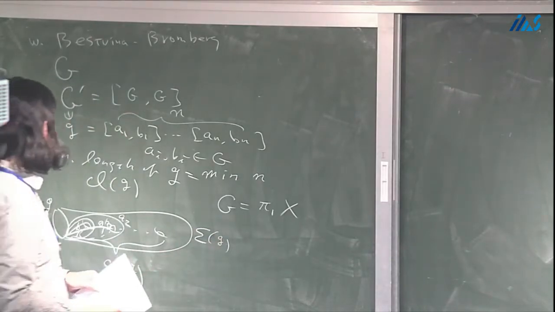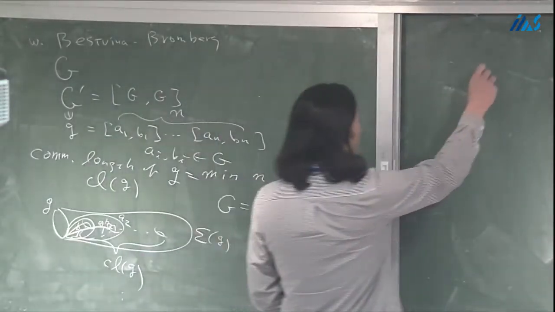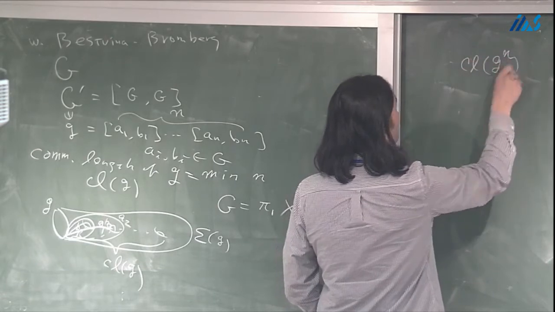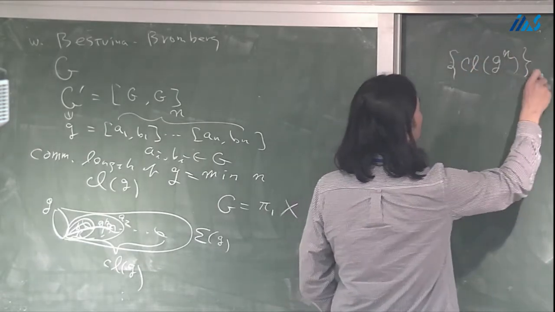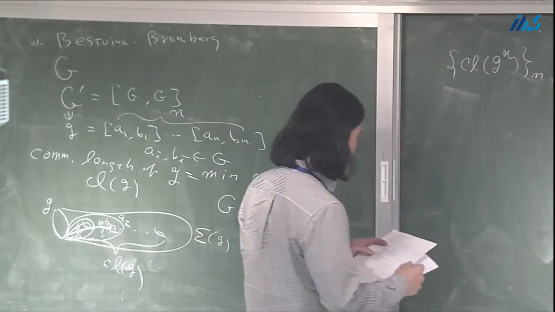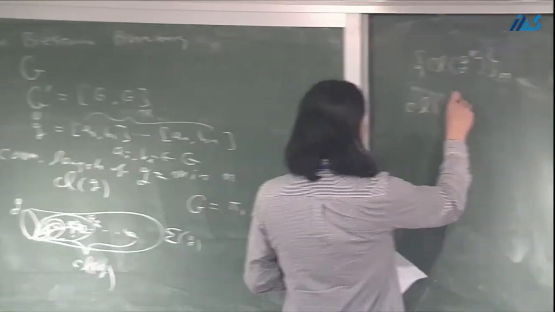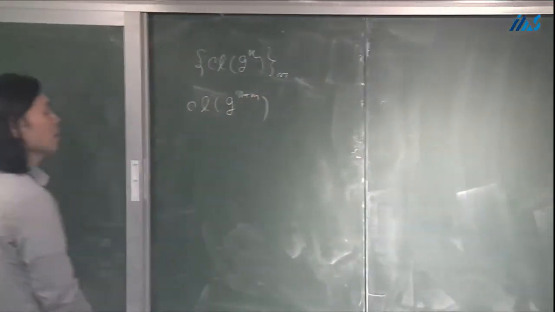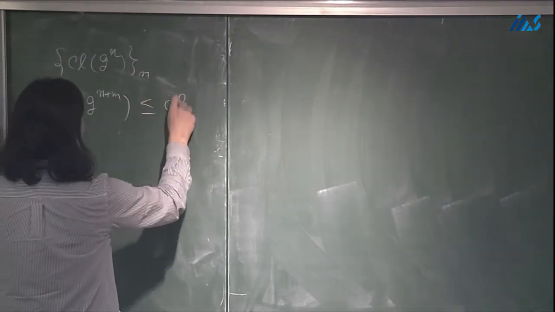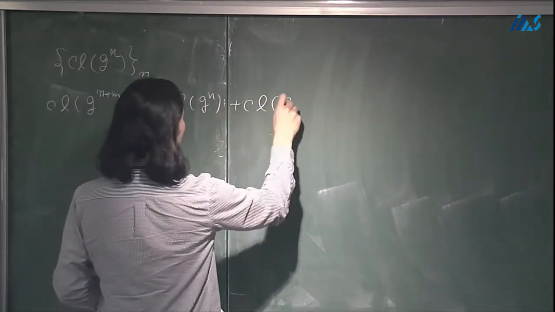All right, so now I'm interested in how this commutator length grows if I take a power like this. You notice that this sequence of numbers is subadditive in the following sense: the commutator length of g to the n plus m is not more than the commutator length of g to the n plus the commutator length of g to the m.